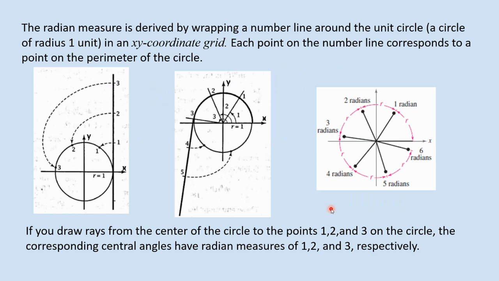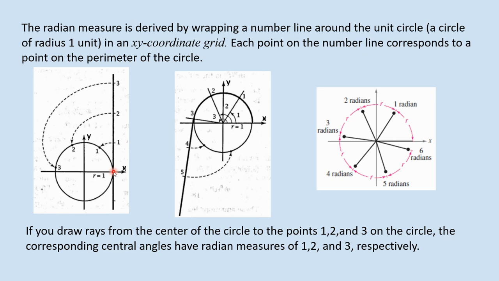Okay, so the radian measure is derived by wrapping a number line around the unit circle, which remember is a circle with a radius of 1. So think about this number line, that we have a circle, and the center of the circle would be at the origin. So we have our x and y axis. Think of this number line being tangent to the circle, meaning it touches the circle once, and it's tangent at the point where the circle intersects or passes through the positive x-axis.